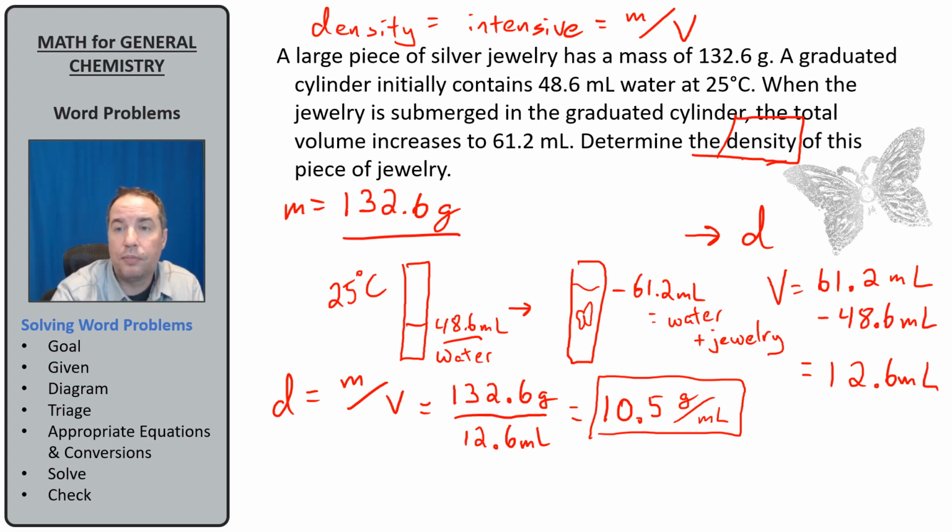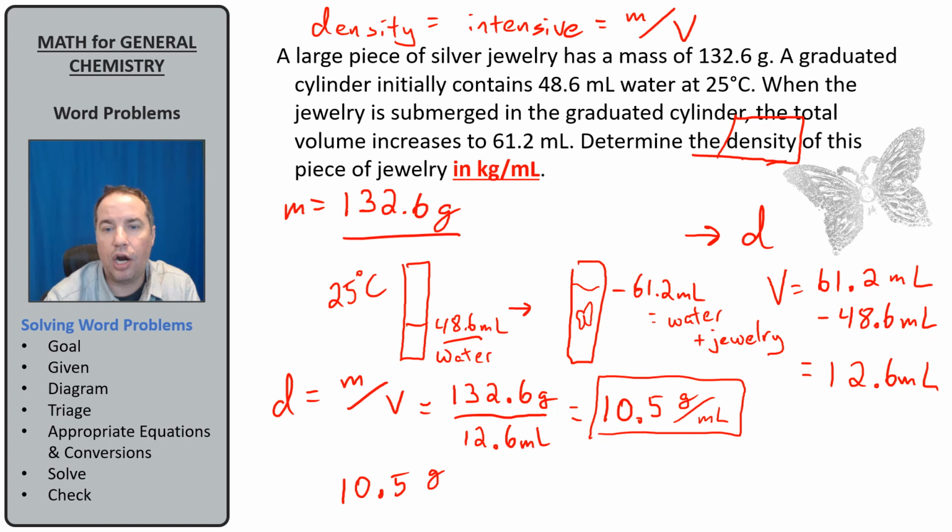Now, some problems, let's say instead of saying just density, it asks for the density in kilograms per ml. Well, in that case, even though I have a density, I now have to make sure to put it in the right units. So 1,000 grams equals 1 kilogram.